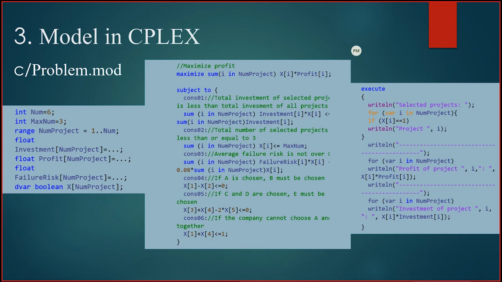We also put a note on each command to explain its meaning, to make sure the user can understand what we are solving. And finally, the output command is written to show the final information and the result.